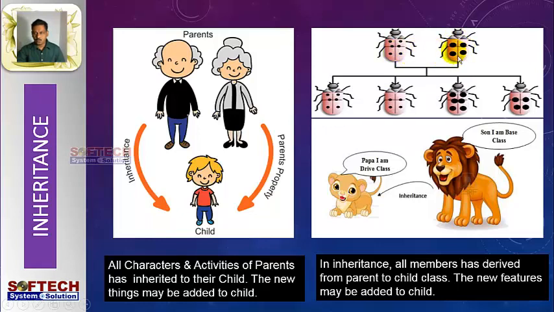So these two are parent classes. These 4 are child classes. Each of these classes is derived from the two parent classes. So these are all new classes, but each and every class is derived from the two classes.